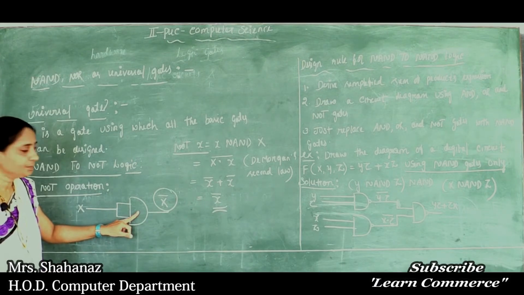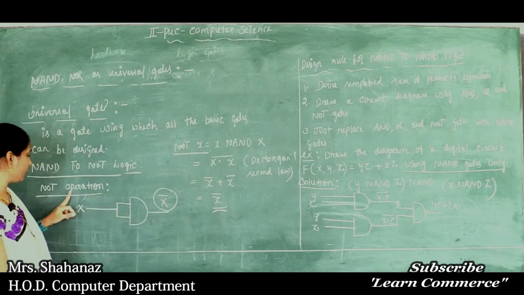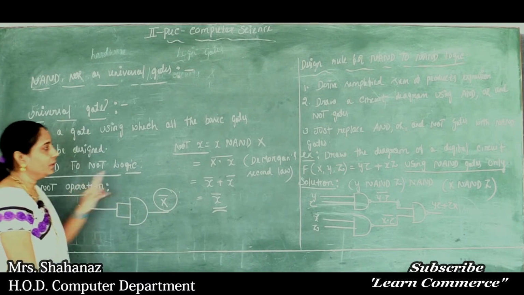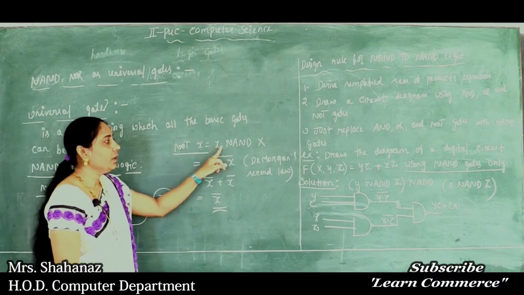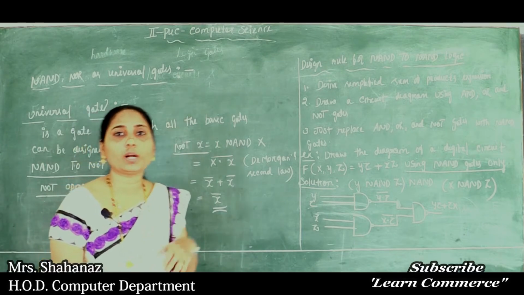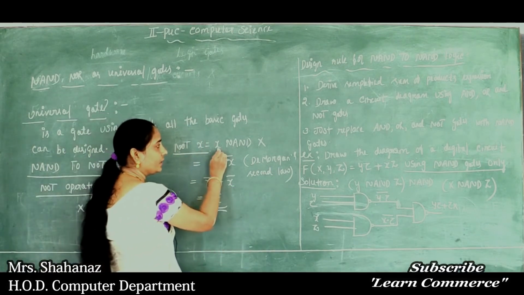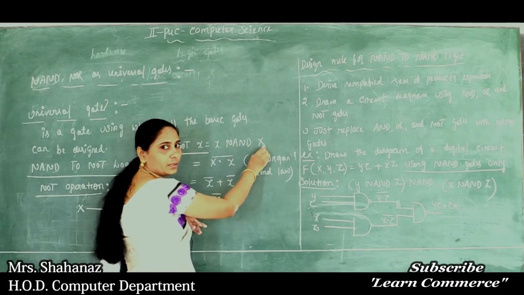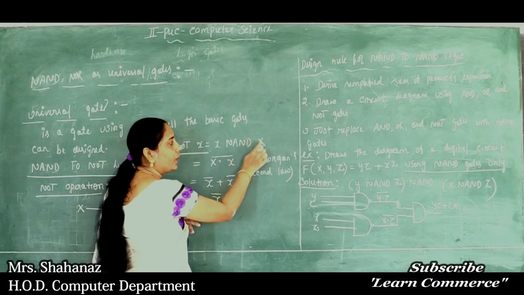In this case, we should get the complement of X by using the NOT operation. Everything we need to convert to NAND only. So X NAND X. Clear this point here? The X NAND X.